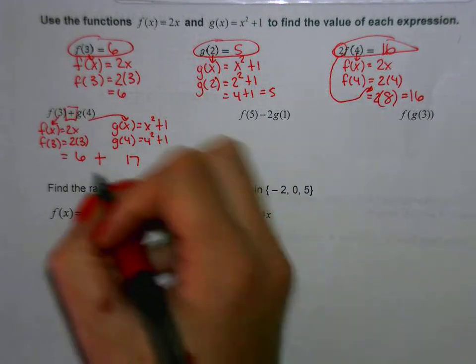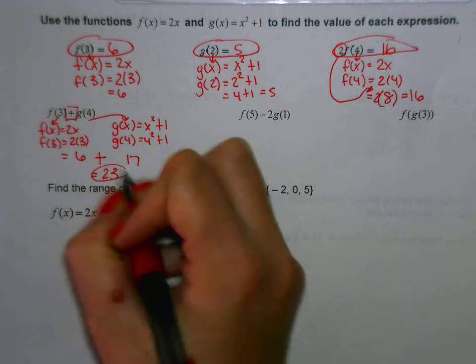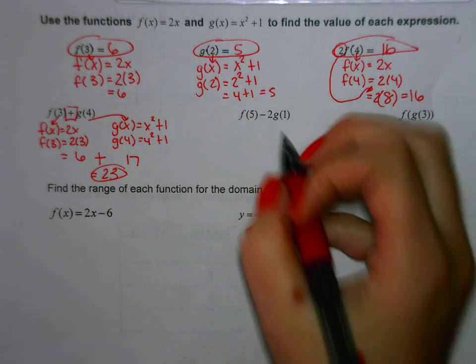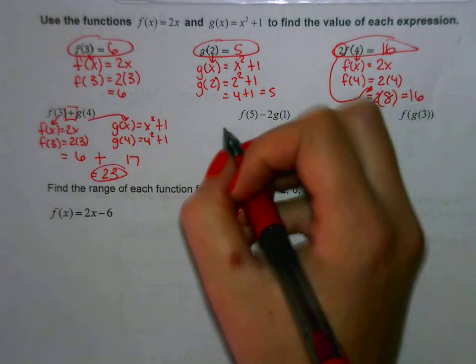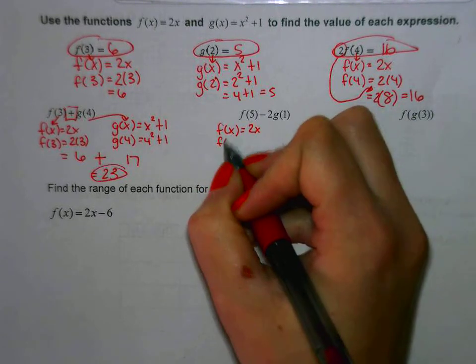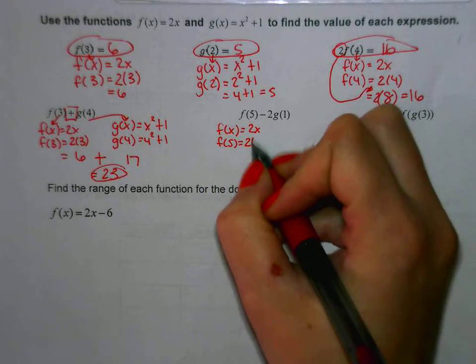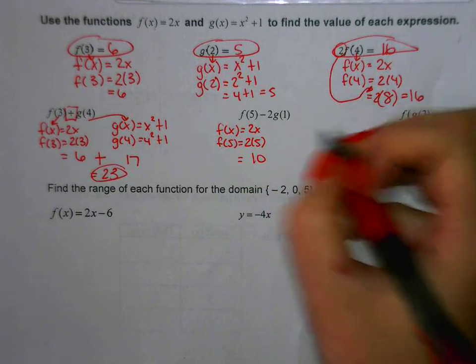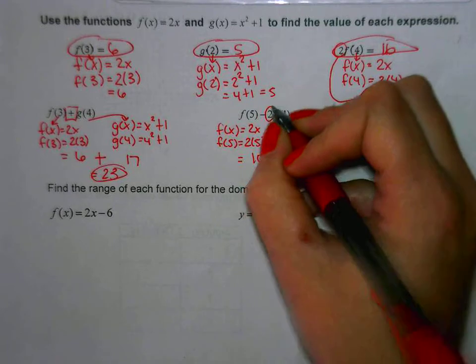So let's look at this one. F of 5, so we want f of x equals 2x, but f of 5 is 2 times 5, so it equals 10. Here we're going to ignore that we're multiplying by 2, so g of x equals x squared plus 1.